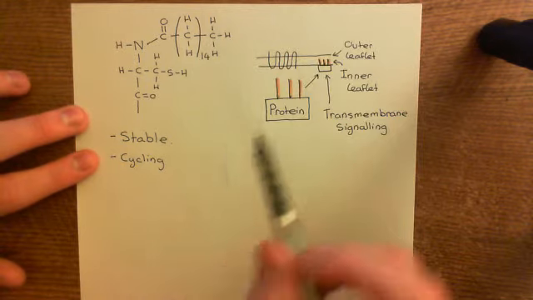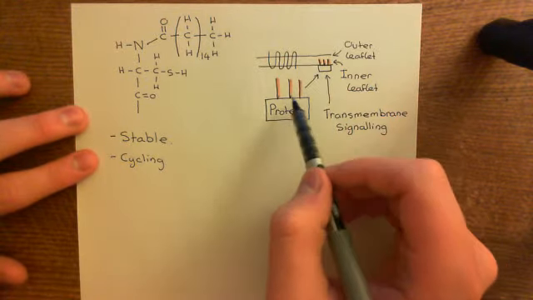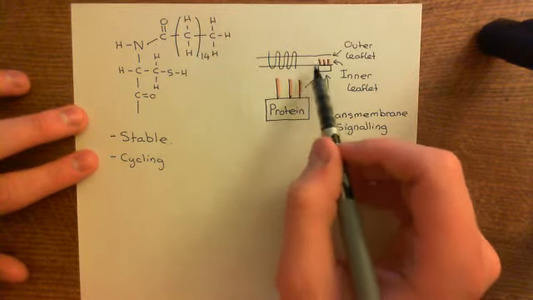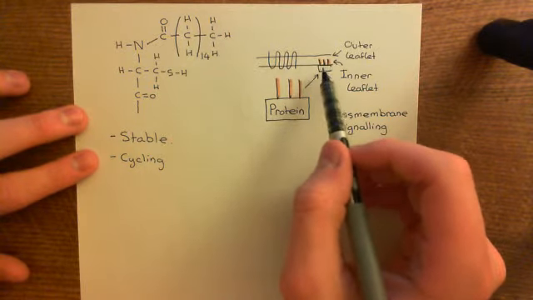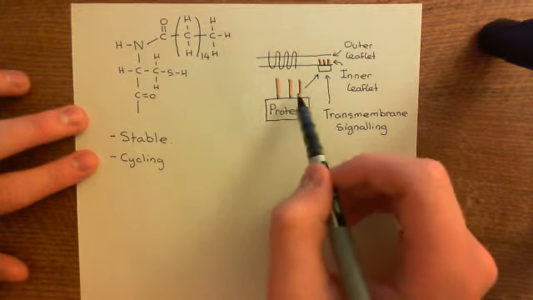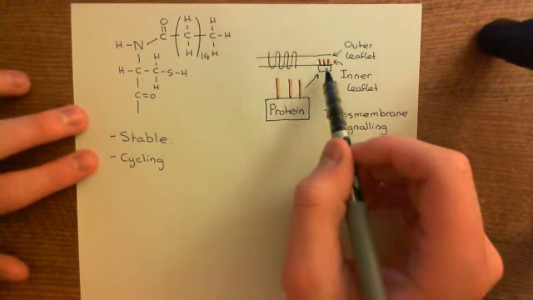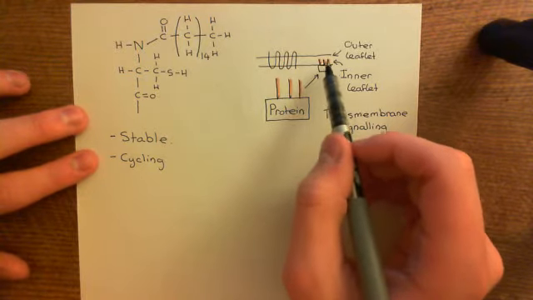And of course, when we're talking about these proteins that are being anchored in the inner leaflet of the phospholipid bilayer by their palmitoyl groups, some of these palmitoyl groups will be stable palmitoyl groups, okay, and that will mean that the protein will always be anchored in the membrane.